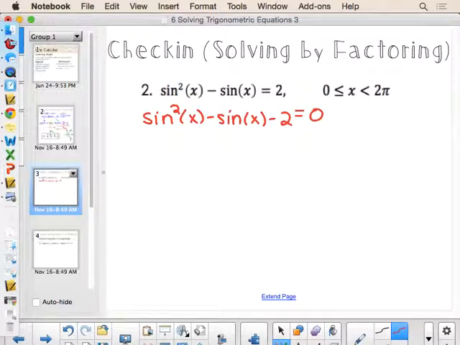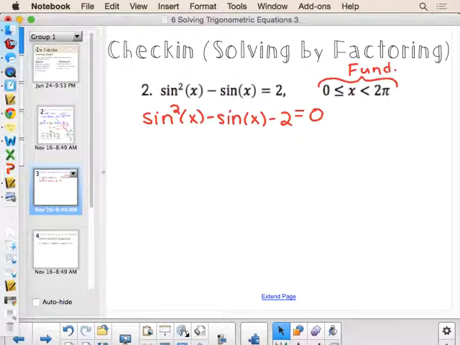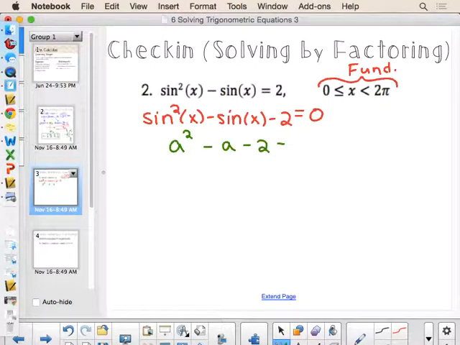Because I have a domain restriction, again, I'm implying to you that we are looking for fundamental solutions, bounded between 0 and 2 pi. When we did this type of problem in class, we tried to relate this back to being a value. We're letting a represent the sine of x. It kind of makes it look a little less intimidating.